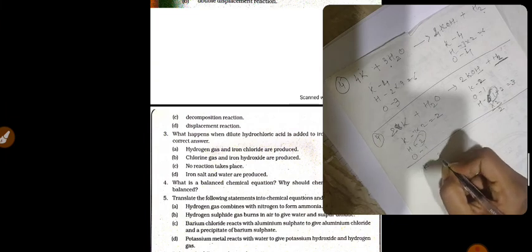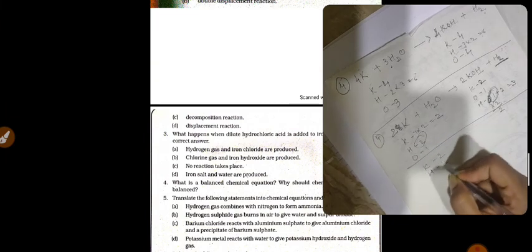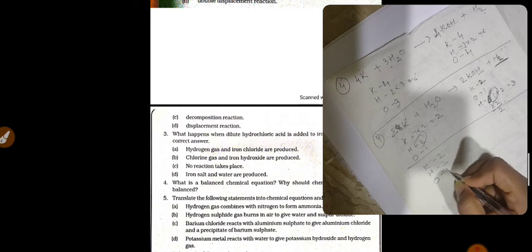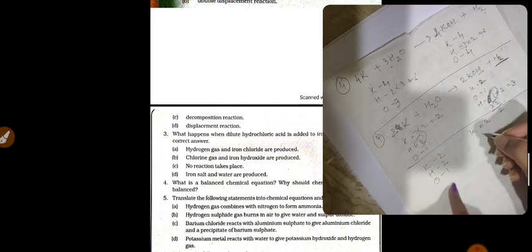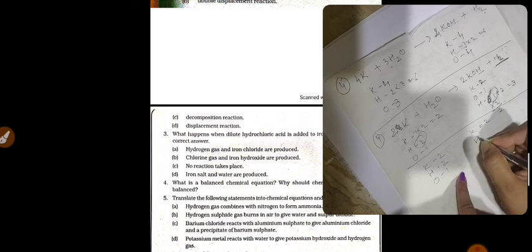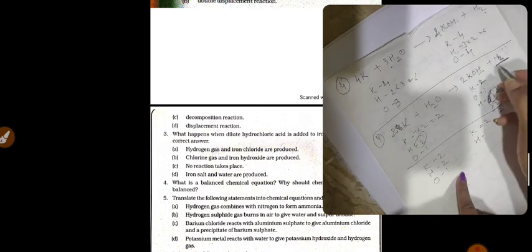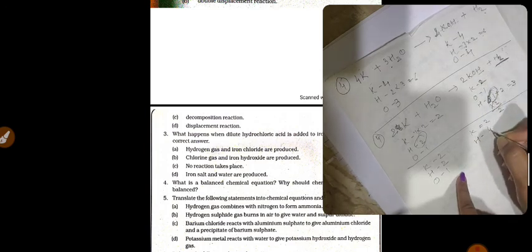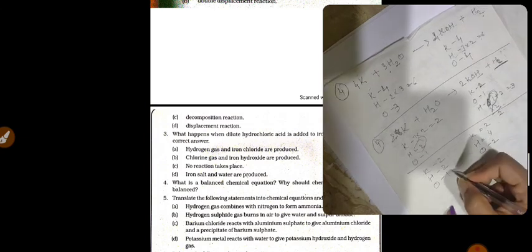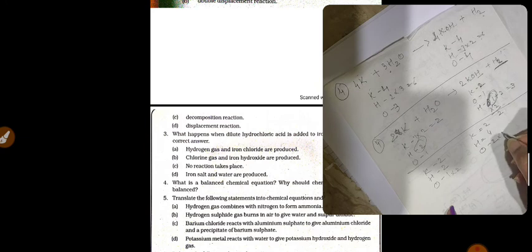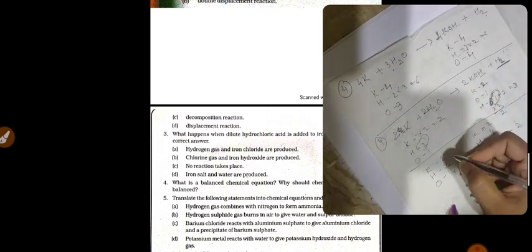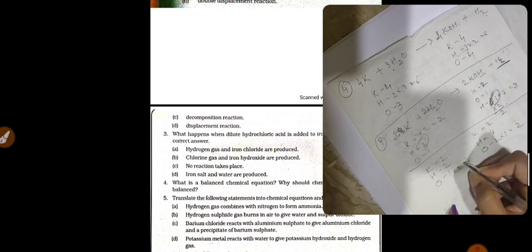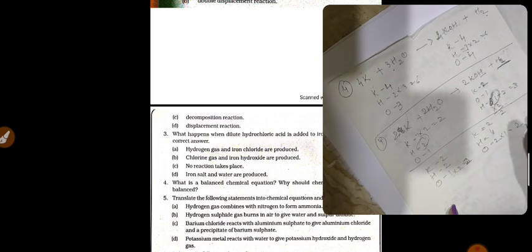K is 2, H is 2, O is 1, K is 2, H is 2 and 2, 4, and oxygen 2. So multiply by 2. So this is multiplied by 2. Now it will come 2. Now 2. This is balanced.